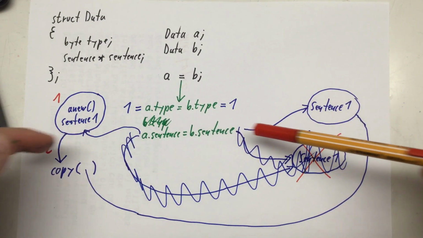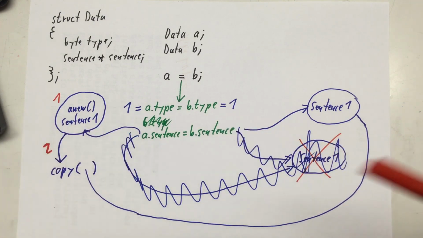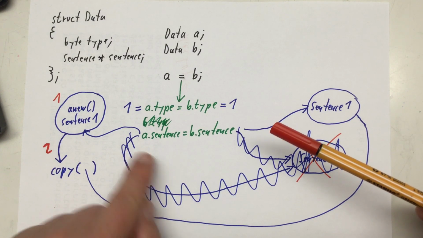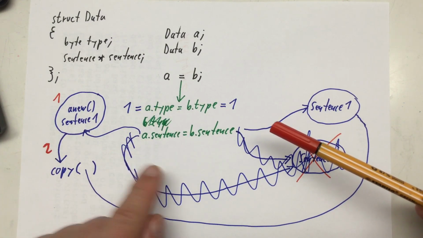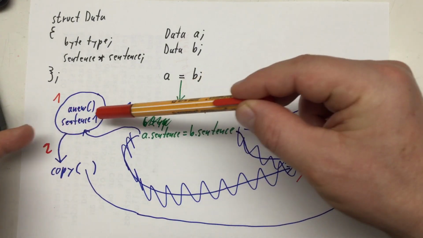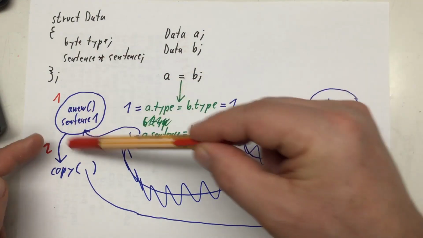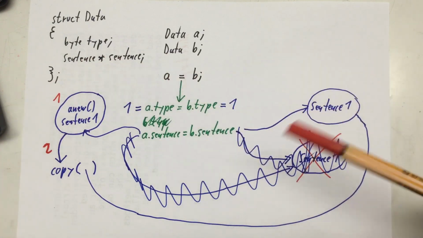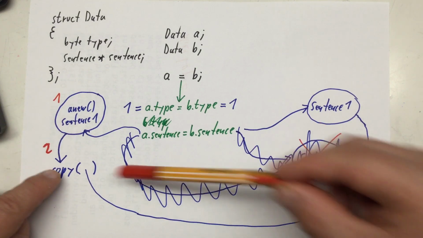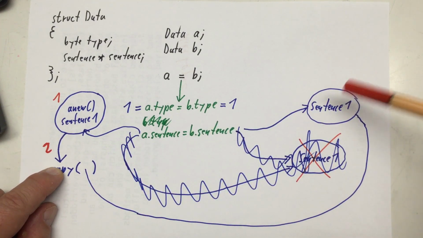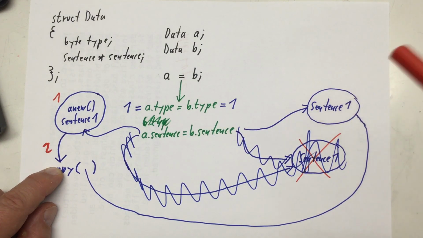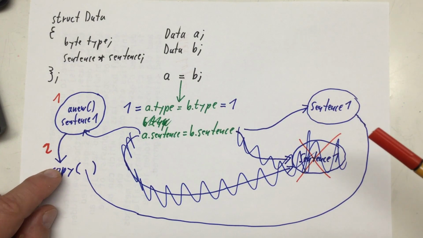However, it works differently for the sentence pointers. So our assignment operator first does a sentence a new for the left side, creating a new sentence 1, if the type is 1 of course, inside the memory. And then it tells that sentence to do a copy of the sentence we are pointing to on the right side of the assignment operator.